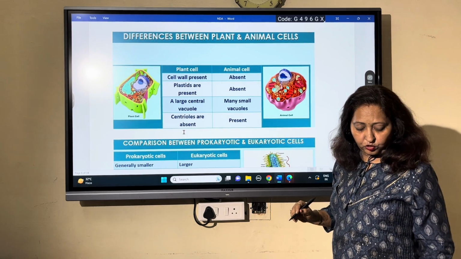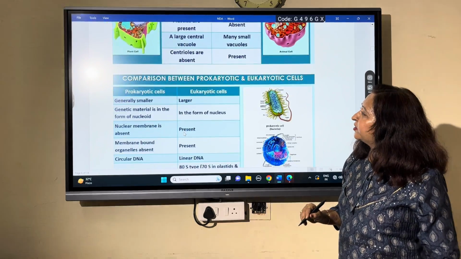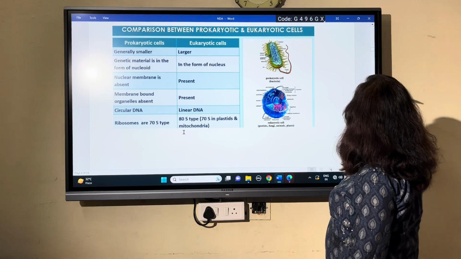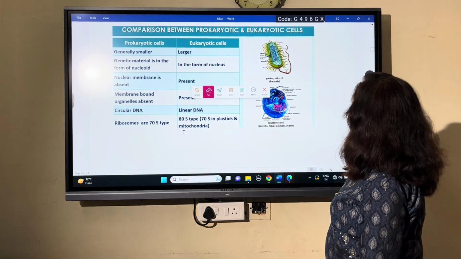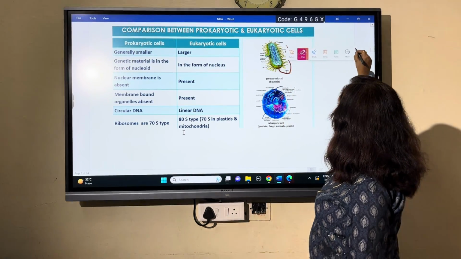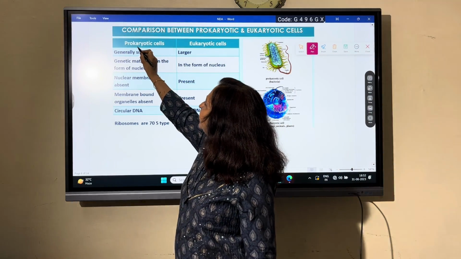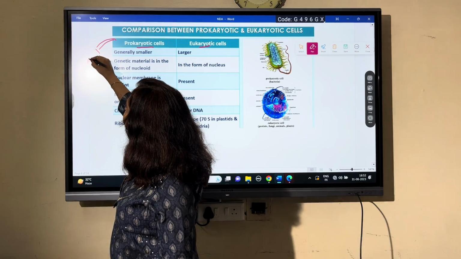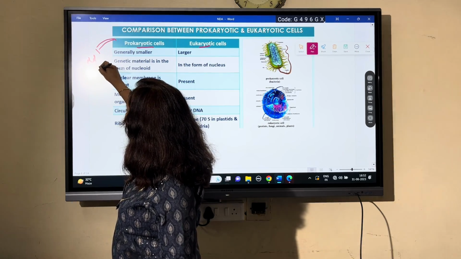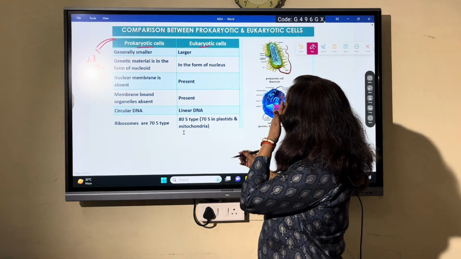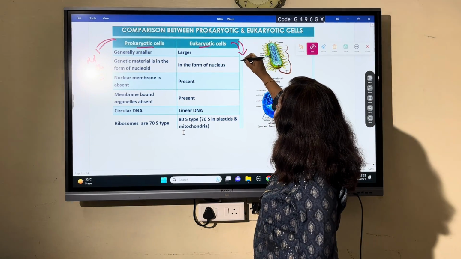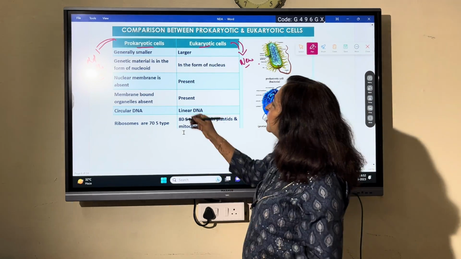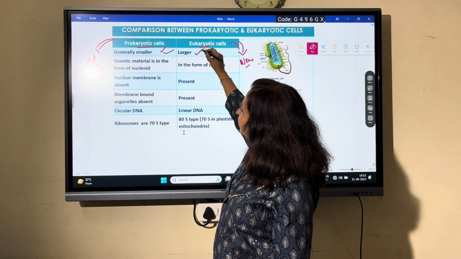Now you should also know the differences between prokaryotic and eukaryotic cell. Prokaryotic means the initial, old cells, and eukaryotic cells means new cells. Prokaryotic cells are generally smaller, and eukaryotic cells are larger.